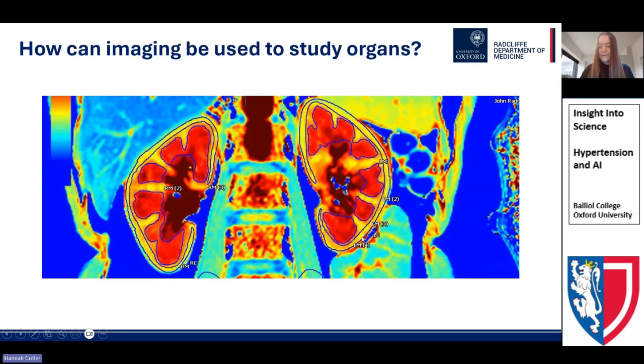Okay, so this one is the kidneys, and here we can look at something called corticomedullary differentiation. So corticomedullary differentiation is the distinction between the cortex and the medulla. In a healthy person, they should have really good corticomedullary differentiation. In someone who is not so healthy, there is less of a distinction between the medulla and the cortex. So the cortex is the outer yellow part here, and then the medulla is the red part.